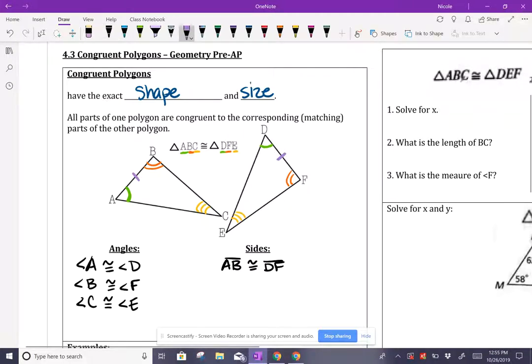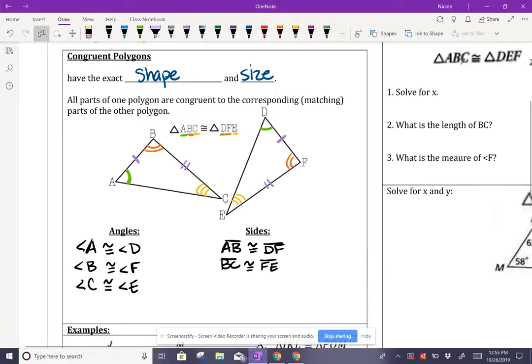And then we can look at BC and FE. BC is congruent to side FE. And then lastly, we have AC is congruent to DE.